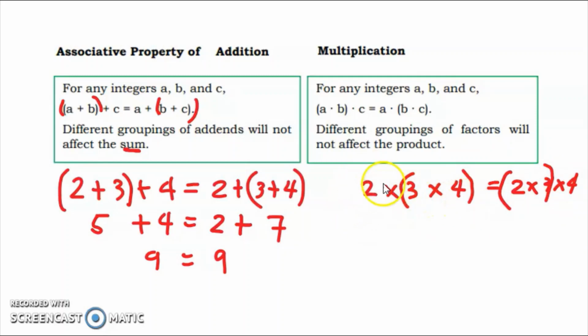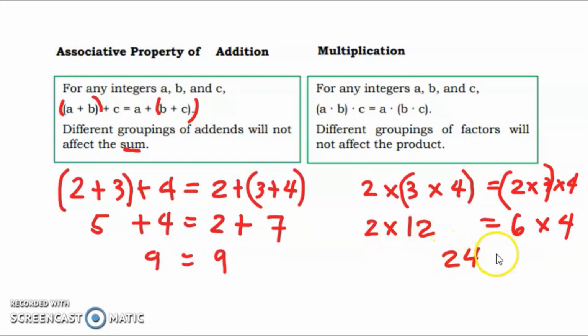Since wala siya, solo lang siya, sulat lang muna natin siya. 2 times, what is 3 times 4? 12, correct. How about 2 times 3? 6. And then, times 4. Okay, yung 2 times 12 ba equals kay 6 times 4? Let's see. 2 times 12, 24. Equals ba siya kay 6 times 4?